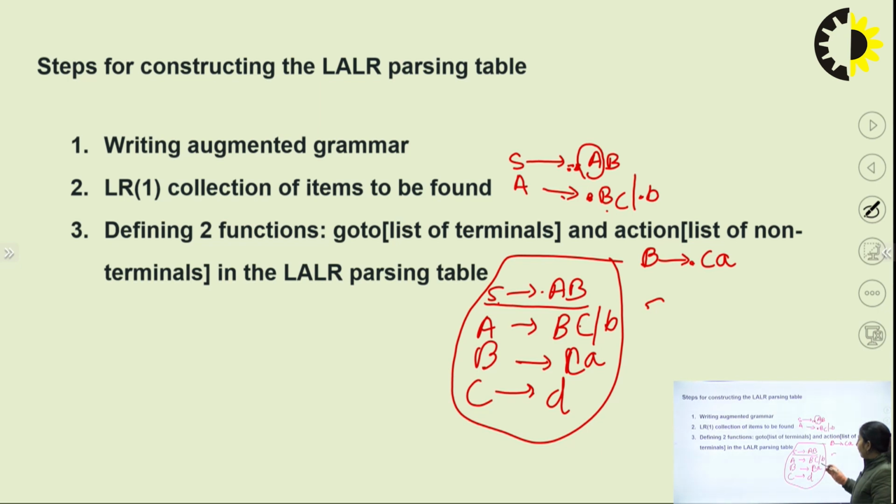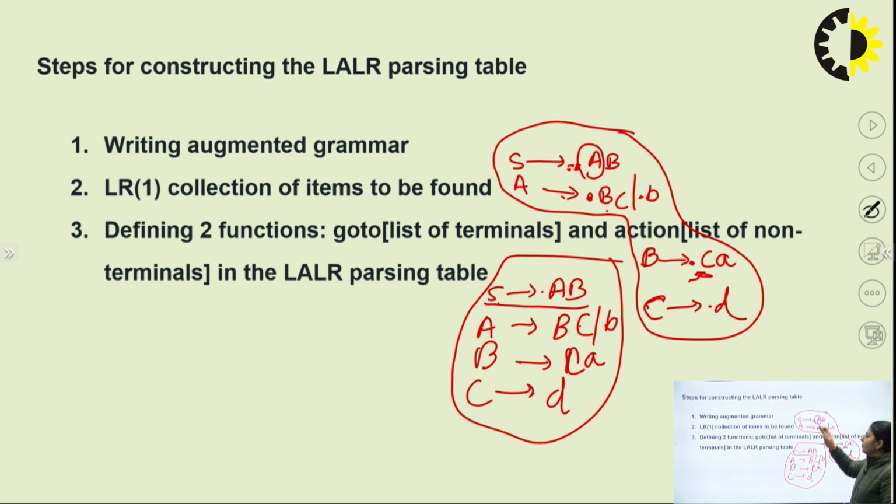Now we can see the dot precedes the C, so we have to write all the productions of C also. The production is C gives dot D. So this is the augmented grammar. Hope you all have understood.